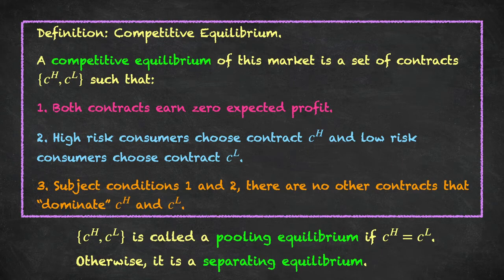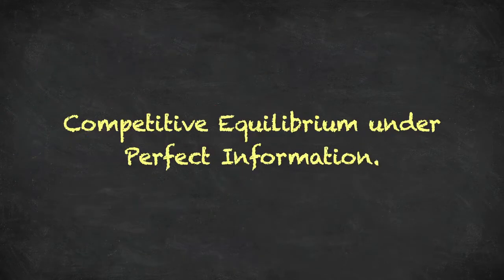Now that we have a notion of what a competitive equilibrium set of contracts is, let's study what these contracts must satisfy under different informational assumptions. So our first assumption as a baseline case will be the case of perfect information, being the case where all consumers know their own type, and also that firms are able to distinguish between the different types of consumers and are not prevented in any way, in any legal way, by offering different contracts to different types of consumers.